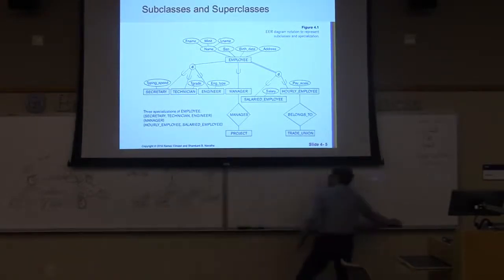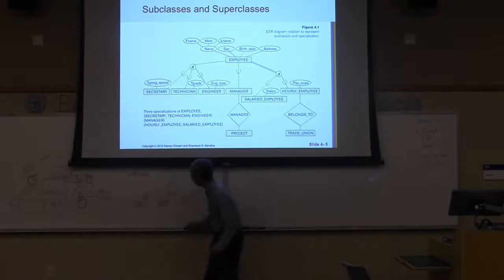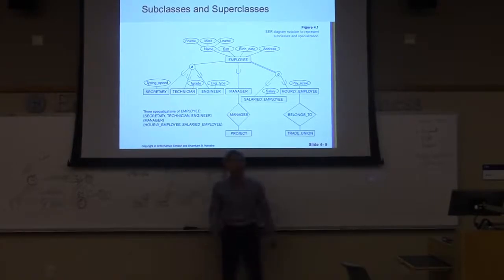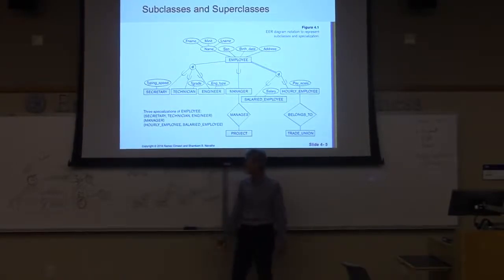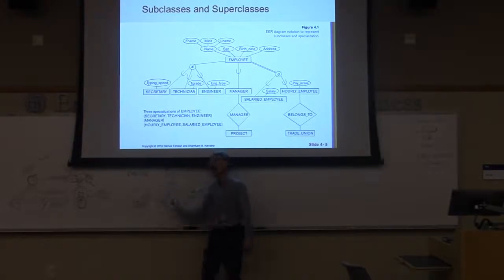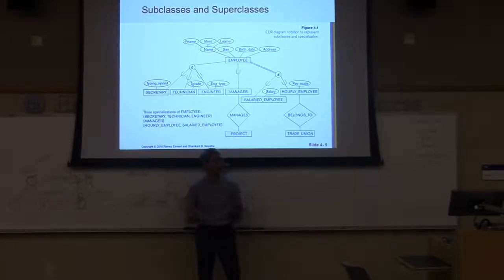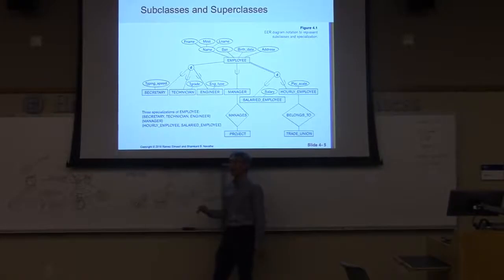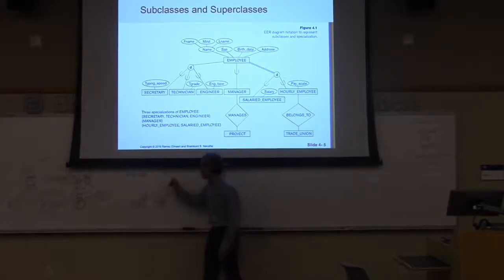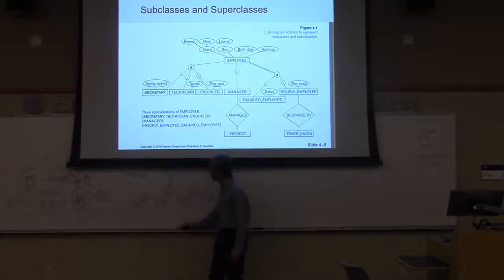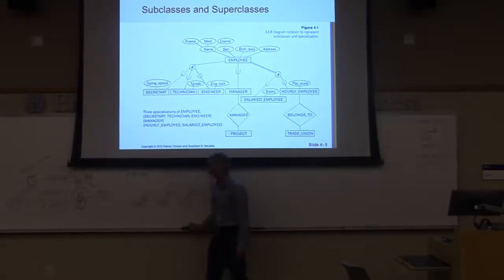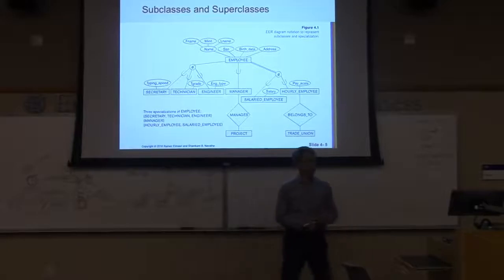However, what about this one, single line? Optional means there might be an employee who is none of this, just a general employee or an entry-level employee who is not assigned any of these. Either way is fine. So you can select double line or single line, full or partial, mandatory or optional participation.